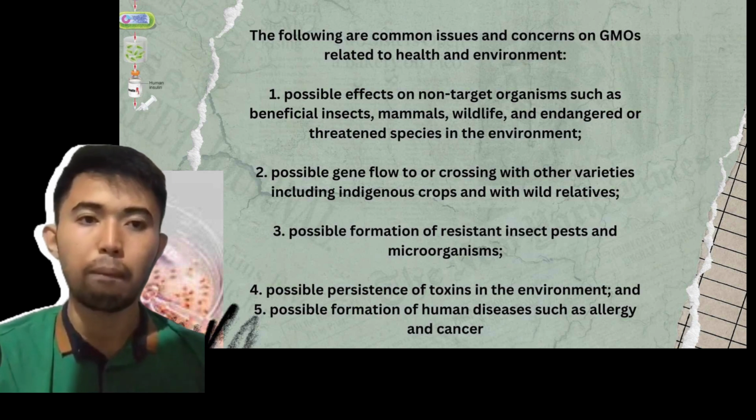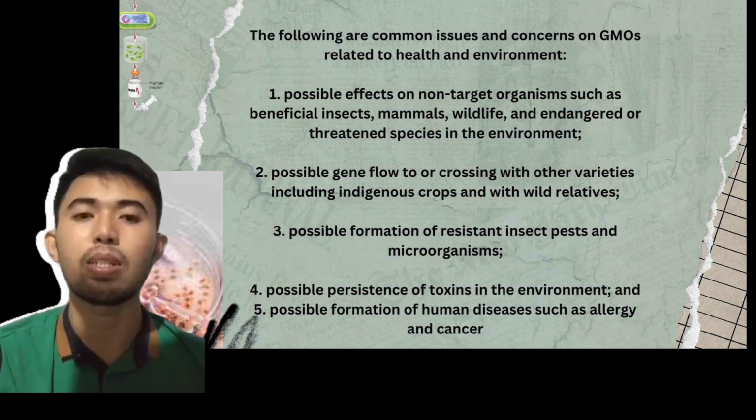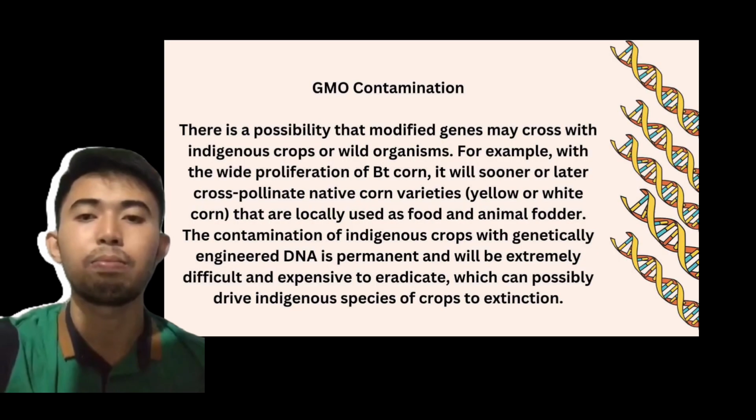Number 3, possible formation of resistance in insects, pests, and microorganisms. Number 4, possible persistence of toxins in the environment. And number 5, and last, possible formation of human diseases such as allergies and cancers.